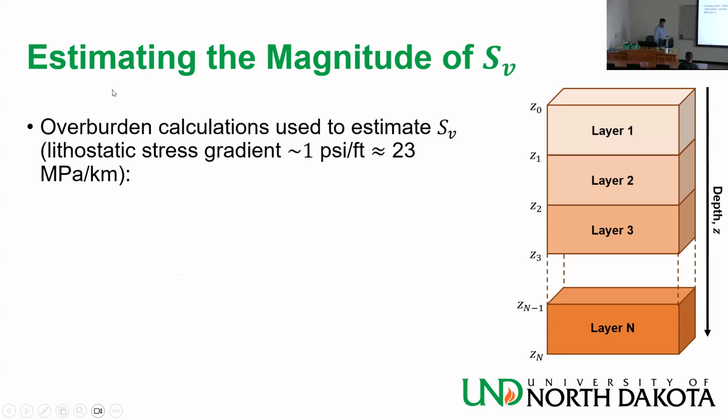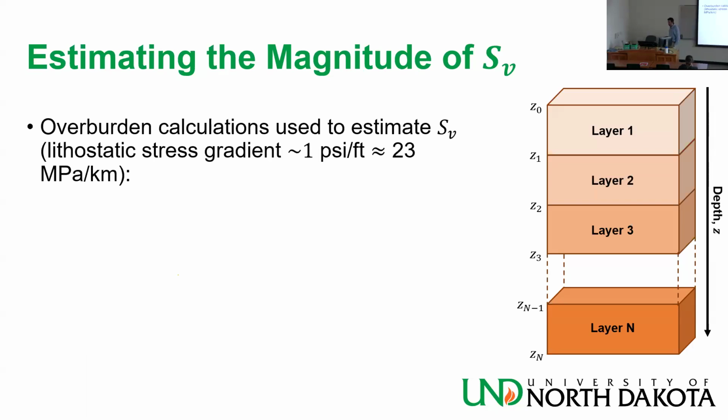Overburden calculations are used to estimate SV. We call that the lithostatic stress gradient, from the ancient Greek word for rock, lithos. As a rule of thumb, which you can use if you don't have any other information available, it is 1 psi per foot.